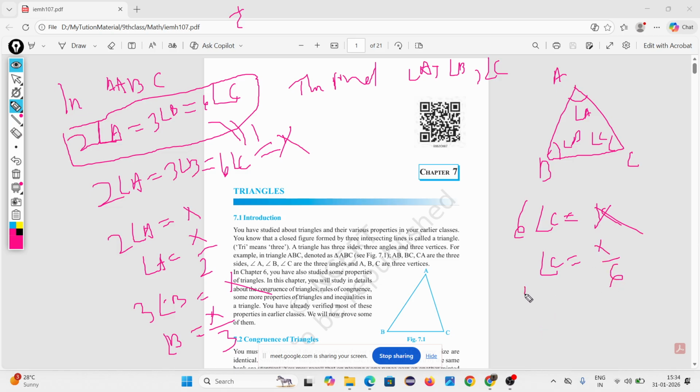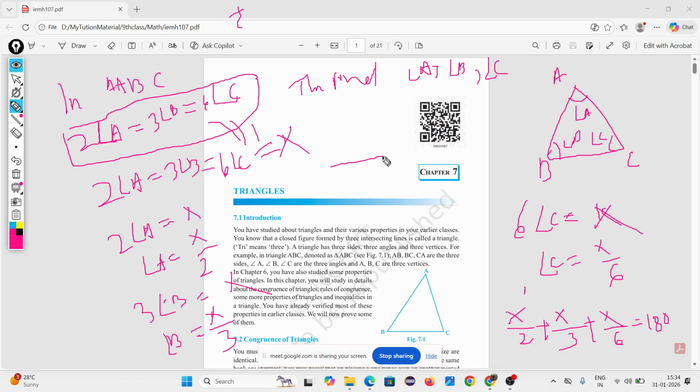Then by angle sum property, we know x upon 2 plus x upon 3 plus x upon 6 equals 180.